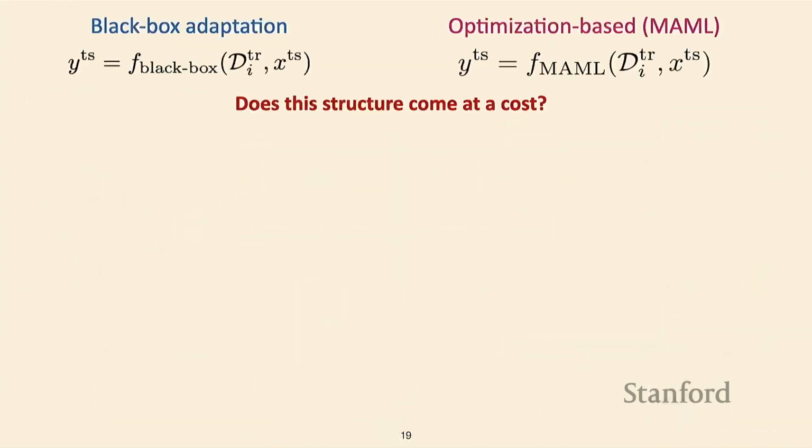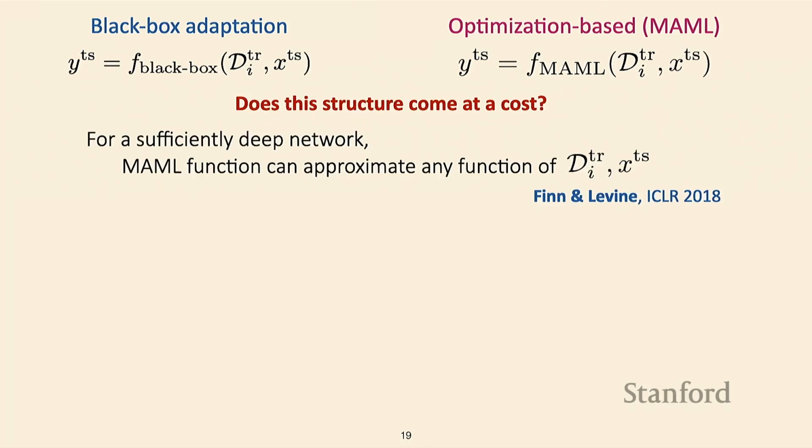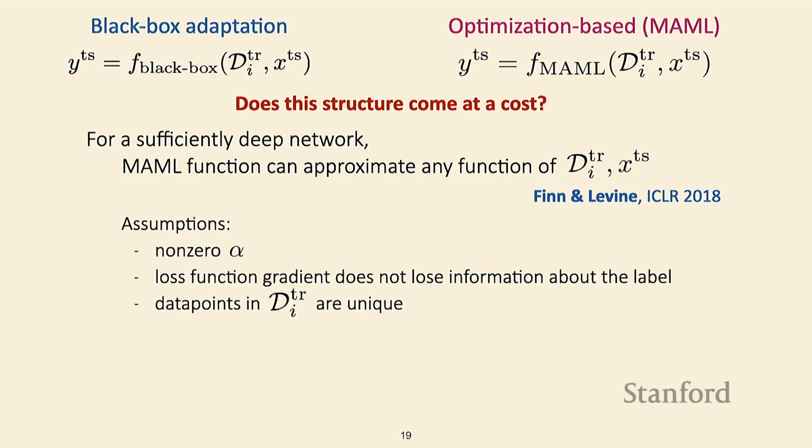And it turns out that you can actually theoretically show that if you have a deep neural network, the MAML function of running one step of gradient descent can actually approximate any function of the training data set and the test input. So it can approximate any learning algorithm. Although it does make some non-trivial assumptions.